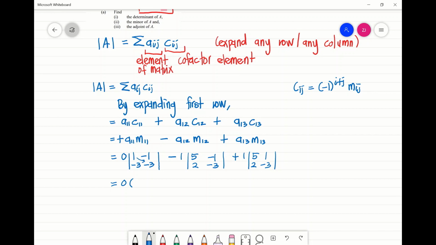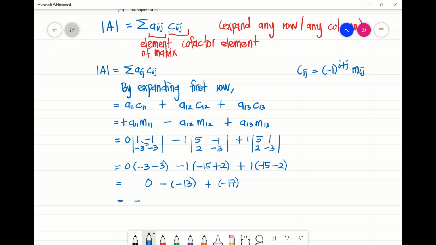It's 1 times -3, so -3 minus 3, so -1 times -15 plus 2, plus 1 times -15 minus 2. So we will have 0 minus -13 plus -17. So we will have 13 minus 17, which is -4.